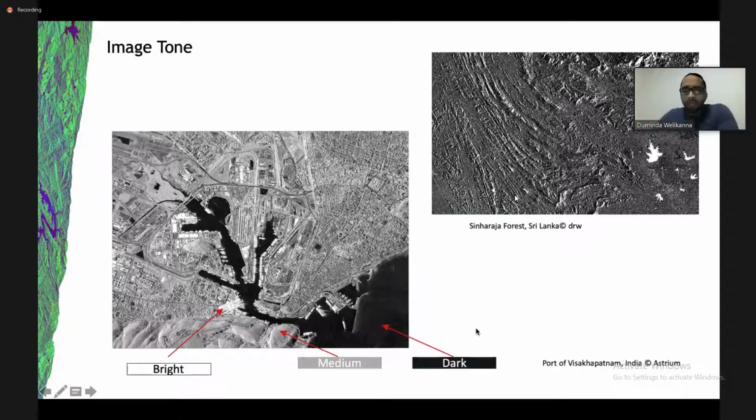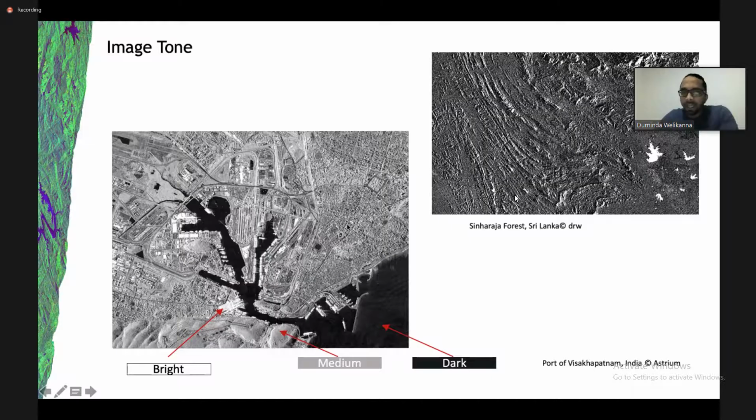So the first element of satellite image processing is image tone. Image tone is the relative brightness in areas. In the image over the urban area, you can see dark areas, lightly bright areas, and also very bright areas.